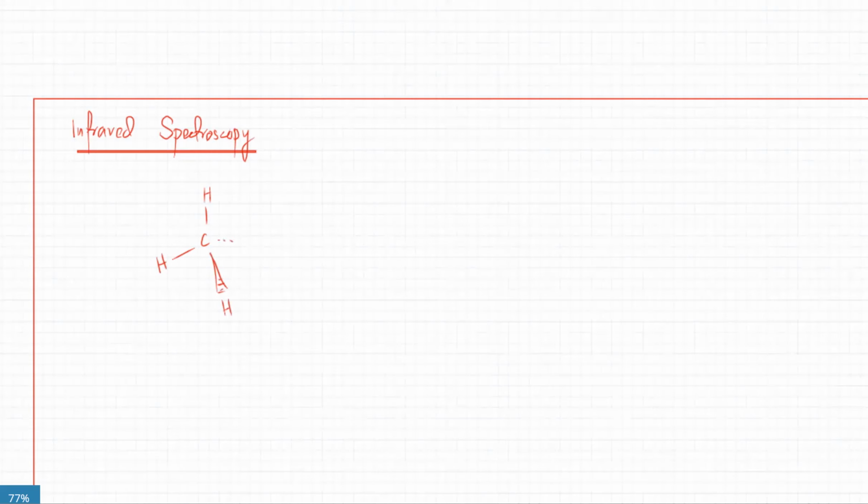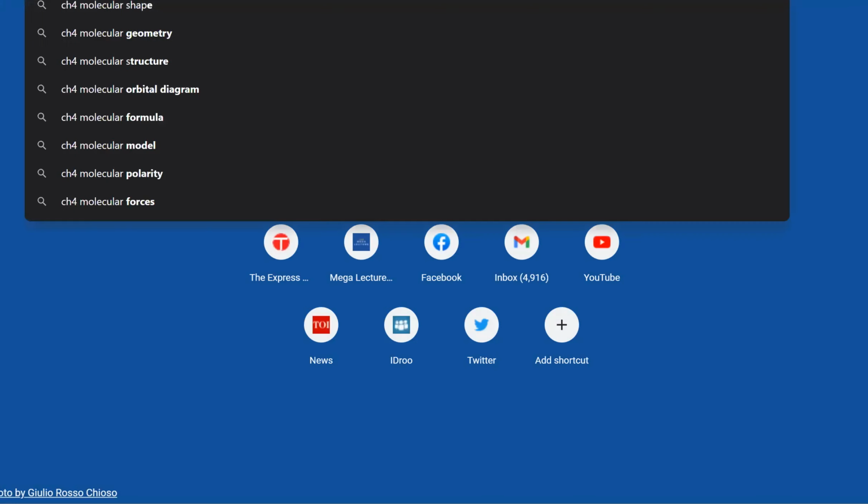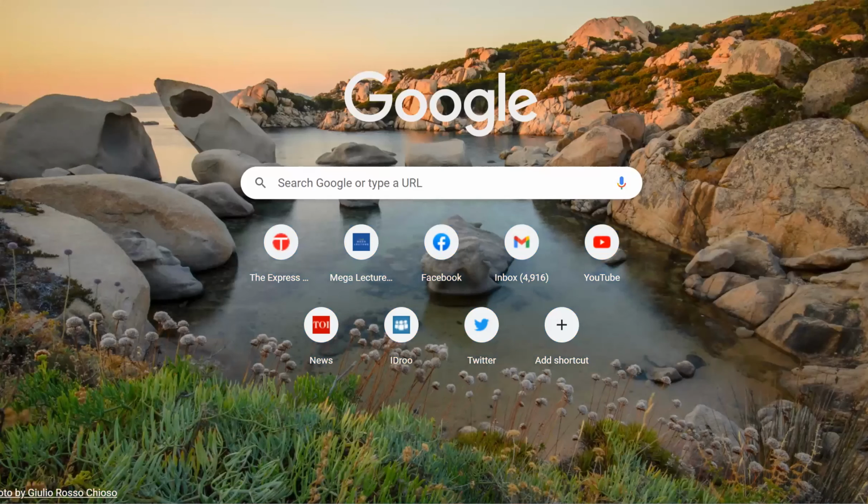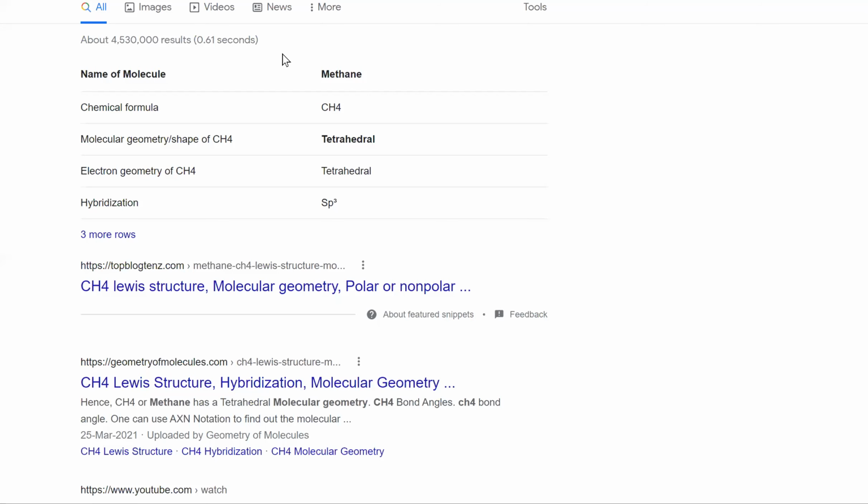So this one is tetrahedral, like the CH4 molecular shape. The geometry of the molecule would look like this.